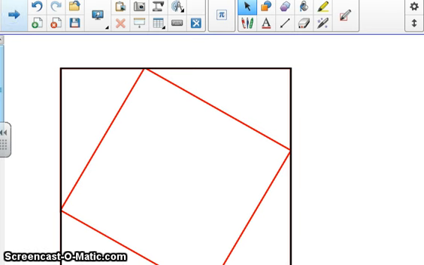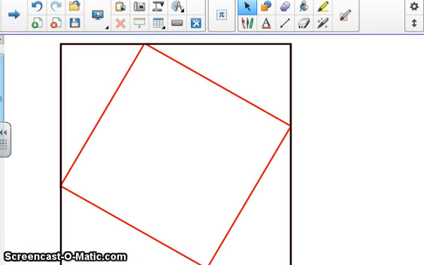Now let's look at a couple of algebraic proofs of the Pythagorean theorem. In this particular proof, we have 4 triangles that are all exactly the same. Each of them has one side equal to A and the other side equal to B. My long side is B and my short side is A all the way around this figure.